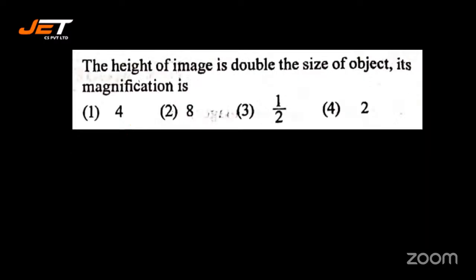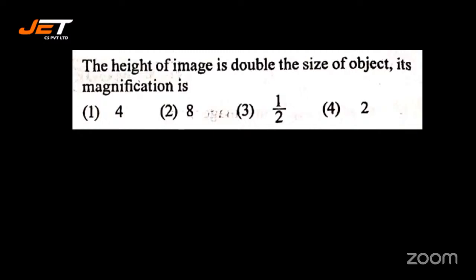The height of the image is double the size of the object. What is its magnification? If the object size is x, the image size is 2x. Excellent, Anjali. Your reasoning is absolutely right. Be careful, students. Here they gave both 1/2 and 2, but the height of the image is double the size of the object.